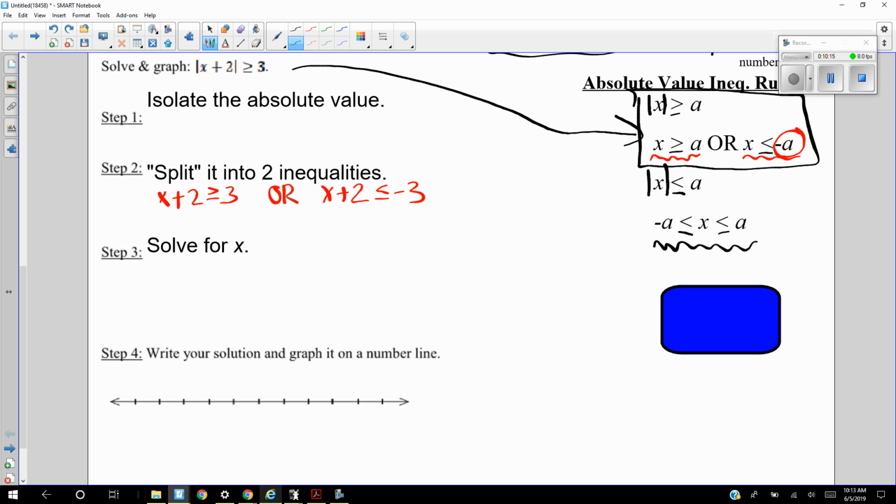So step 3, we just need to solve for x. We can probably do that without really showing the step. Subtract 2 from both sides. So x is greater than or equal to 1, or x is less than or equal to -5.